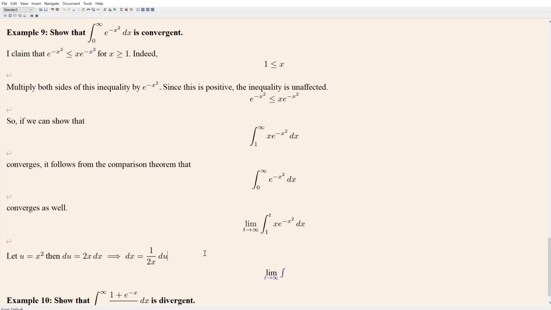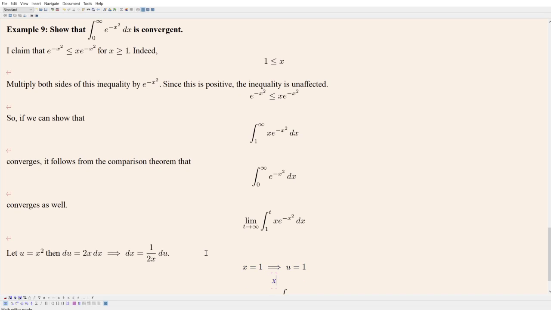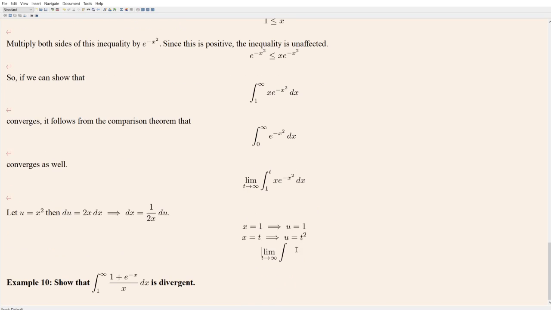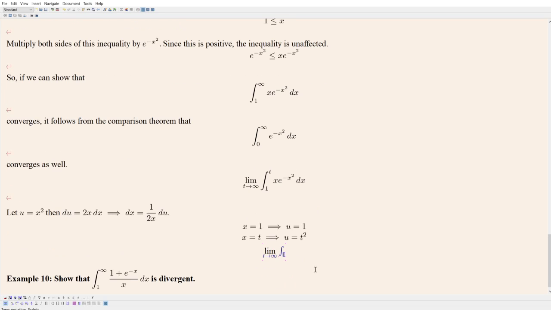We need to deal with these bounds as well. So when x is equal to 1, u is equal to x squared, so that's also going to be 1. When x is equal to t, u is going to be t squared. So that's what the bounds of our integral are now. Instead of 1 to t, it's 1 to t squared.